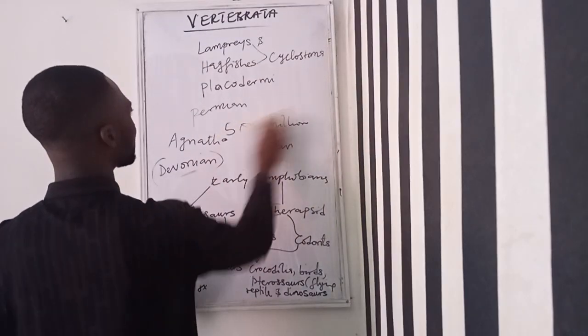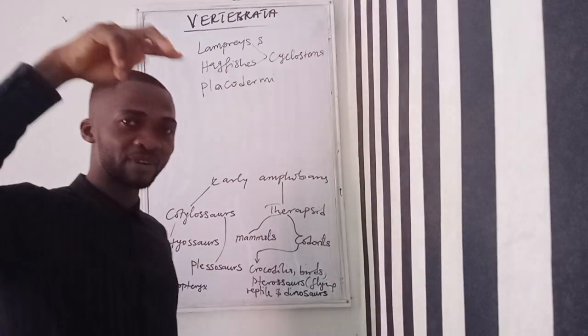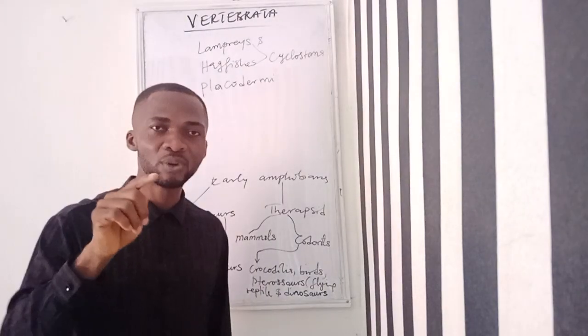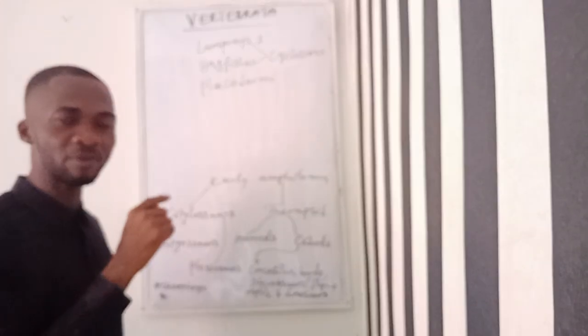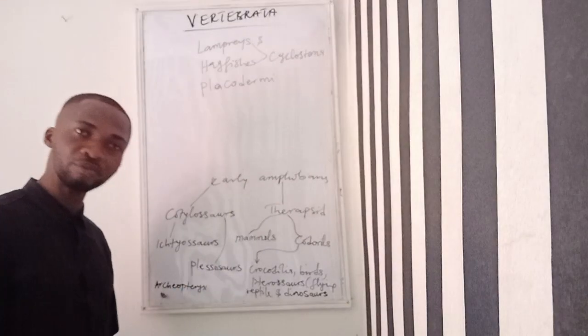Alright. But it's also important I let you know this: before the disappearance of Agnatha, they gave rise to lampreys and hagfishes called Cyclostomata. So before the disappearance of the Placodermi, they also gave rise to two groups of fishes.